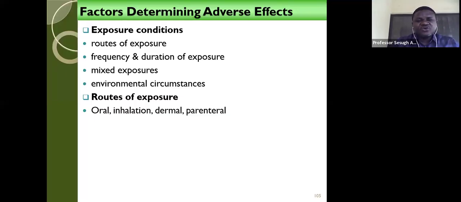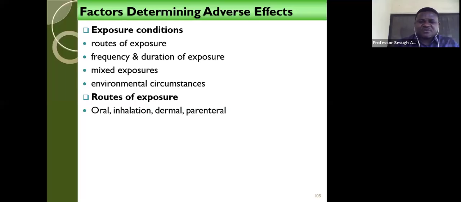Right? Then the routes of exposure include oral, that is through the mouth, inhalation through the nostrils, then dermal through the skin, and then parenteral.